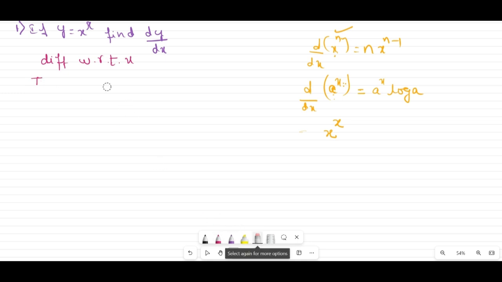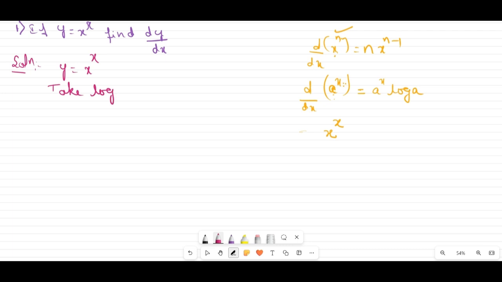Before differentiating, take log on both sides. y is equal to x to the power of x.